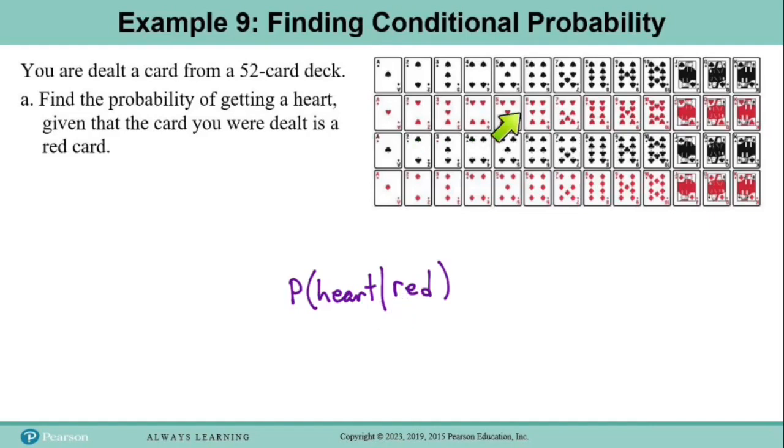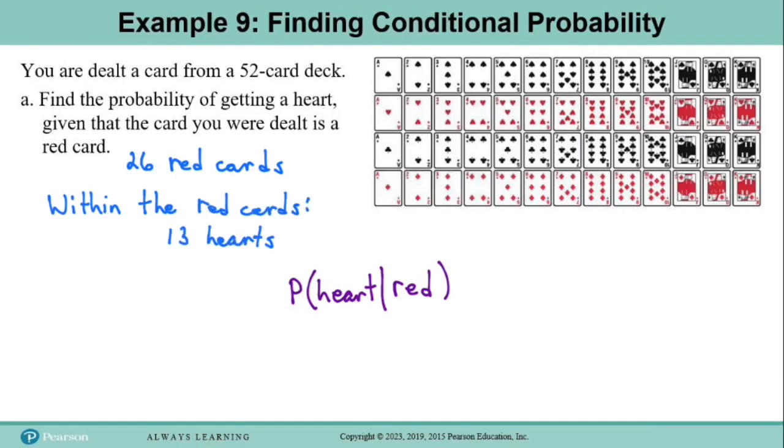Okay, now we know that there are 13 hearts and 13 diamonds, and those are all the red cards. So there are 26 red cards in the deck. 13 of them are hearts. And so the probability of getting a heart, given that the card is red, is going to be 13 over 26. And that's going to simplify to 1/2, or in decimal form 0.5.